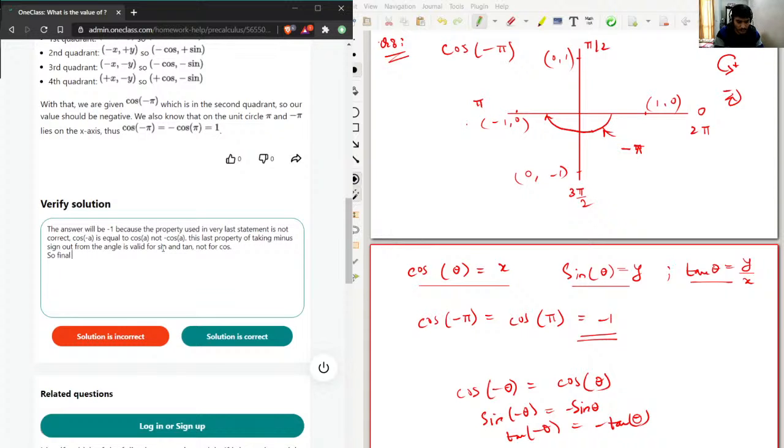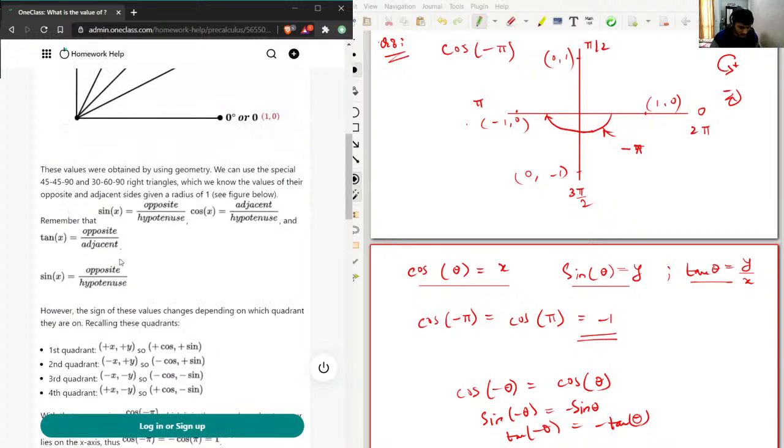So the final answer is minus 1, and the solution given here is incorrect.